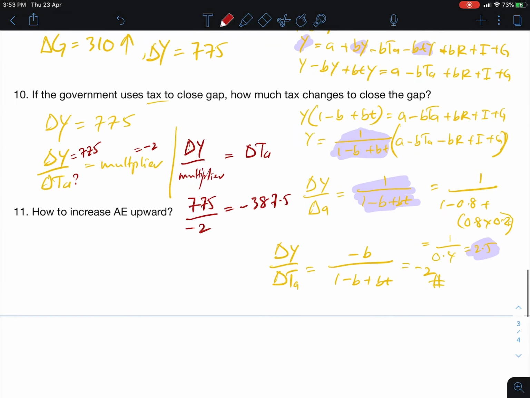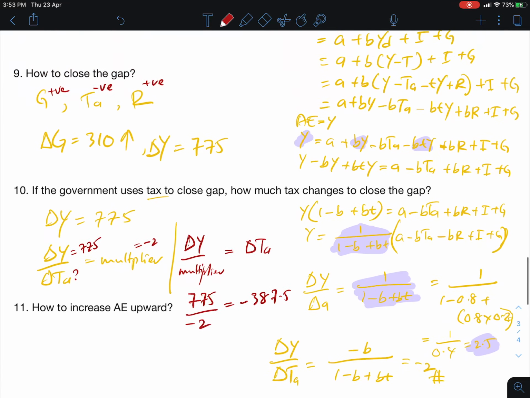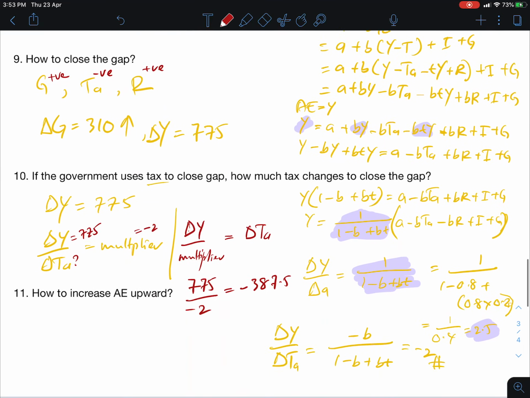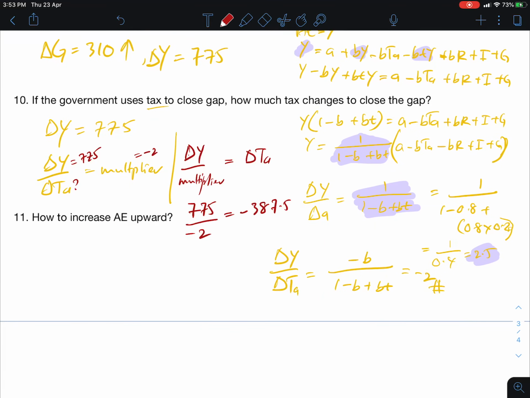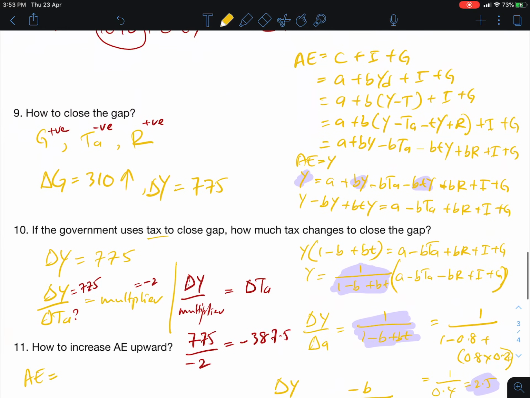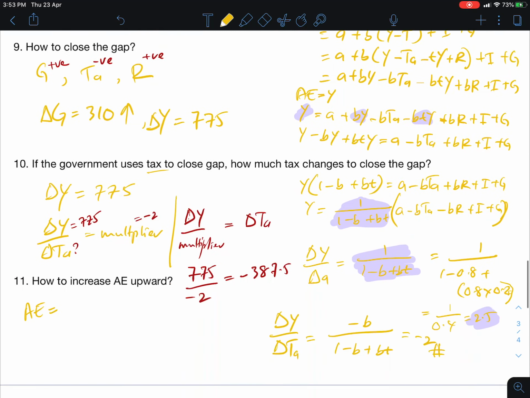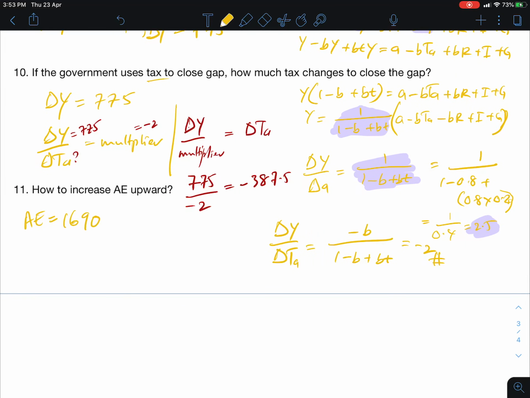Alright, the last answer: how to increase AE upward. Kalau nak buat ini, kena ambil balik our AE function. AE function is AE equal to 169.0 plus 0.6Y. So apa yang ada dalam 1690?